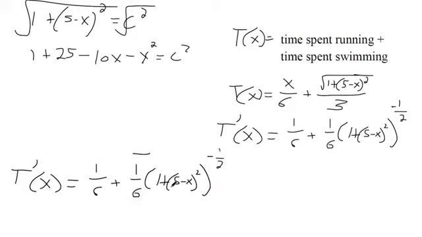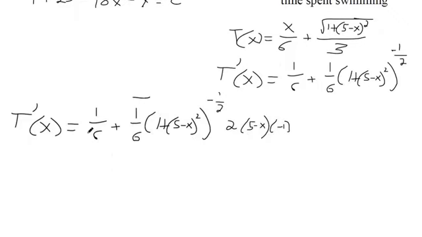I need to multiply by the derivative of the innermost function. So the derivative of this is going to be 2 times (5 minus x) to the 1 power, but then times -1. Because the derivative of all this, the 1 goes away, the 2 comes down and multiplies to make 2(5 minus x). And then the derivative of the next innermost function is -1. We need to use the chain rule twice there. So there's our derivative. We're going to set it equal to 0 next.